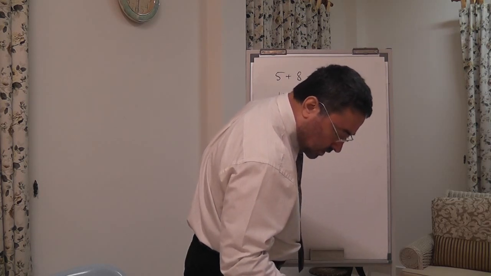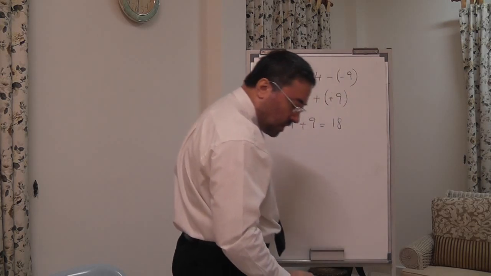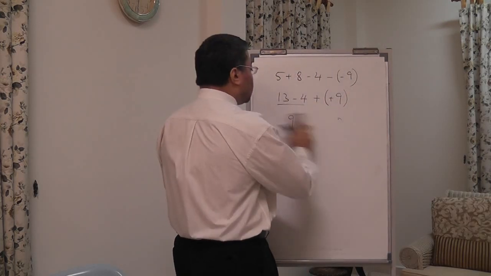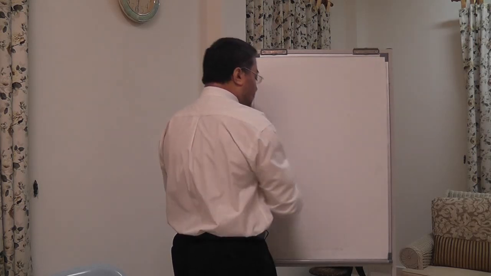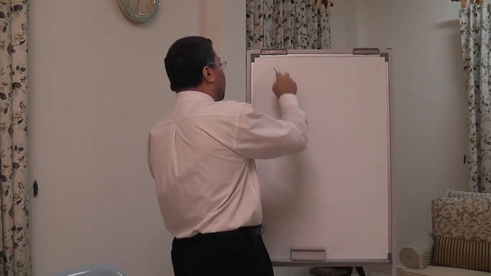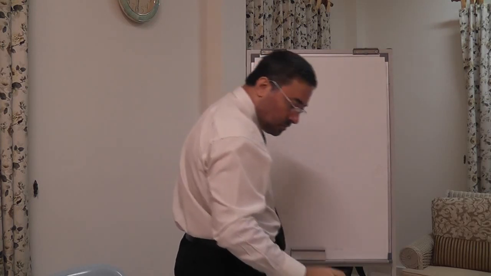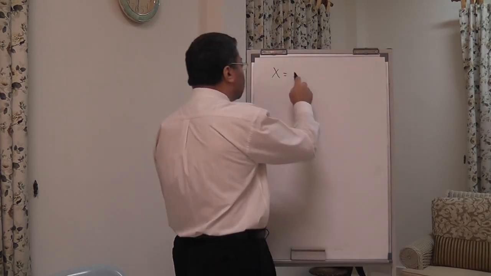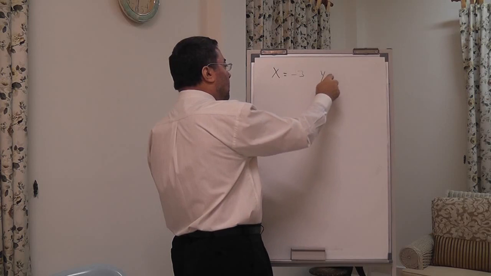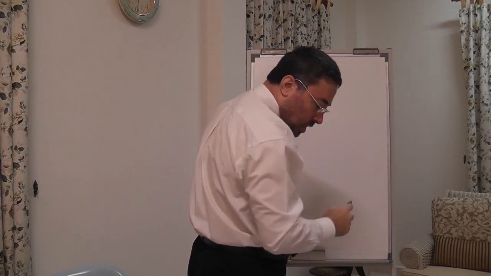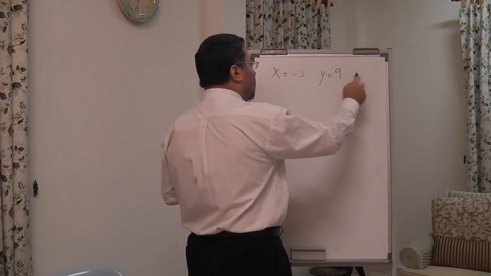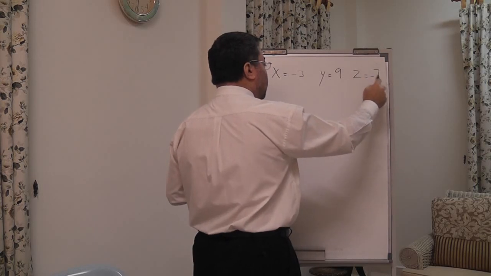Number 64, here we are evaluating for x, y, and z. So let's put the values of x, y, and z. X equals minus 3, y equals 9, and z equals minus 7.